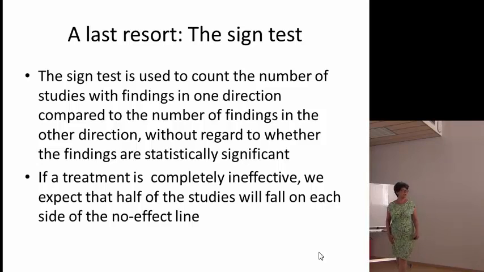Think about the vote count. I said you draw a line down your paper and you vote yes if it was significant and no if it was non-significant. You do the same thing here, except, and this is a key difference, you vote yes if the direction is the right direction, and you vote no if the direction is the wrong direction.